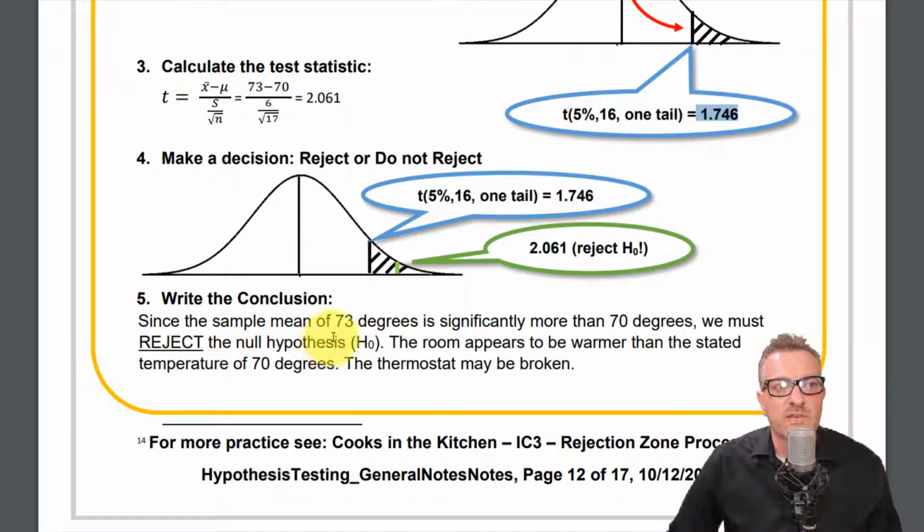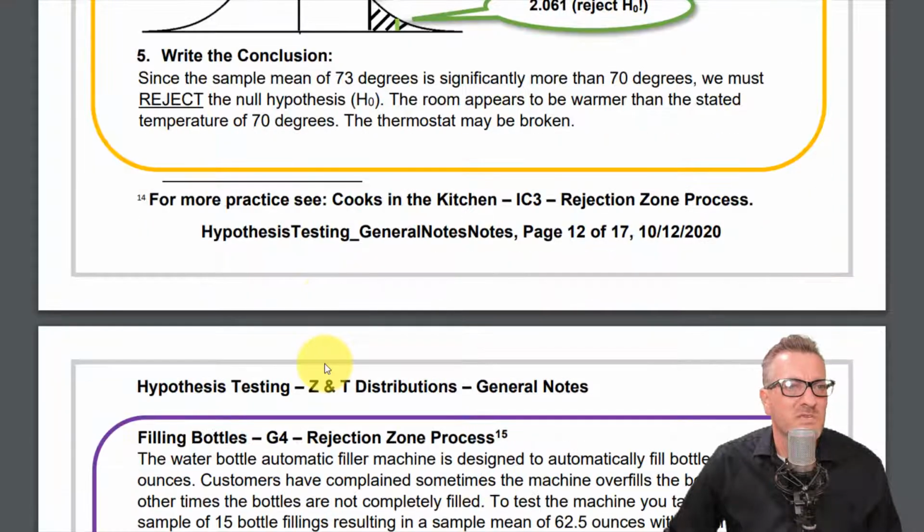Since the sample mean of 73 degrees is significantly more than 70 degrees, we must reject the null hypothesis. The room appears to be warmer than the stated temperature of 70 degrees. The thermostat may be broken. I say may. I usually try to keep a little bit fuzzy in there because technically we should be doing more testing.